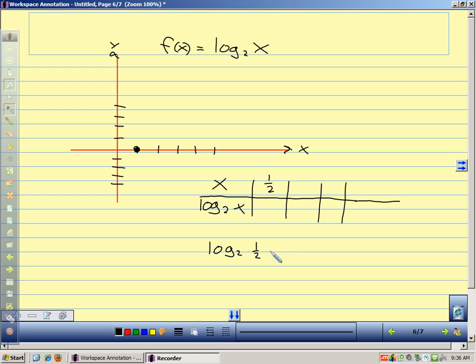We want to know what power of 2 gives us 1/2. That's -1. 2 to the -1 is 1/2. So down here at 1/2, we have a point at -1. If x equals 2, the power of 2 that gives us 2 is 1.